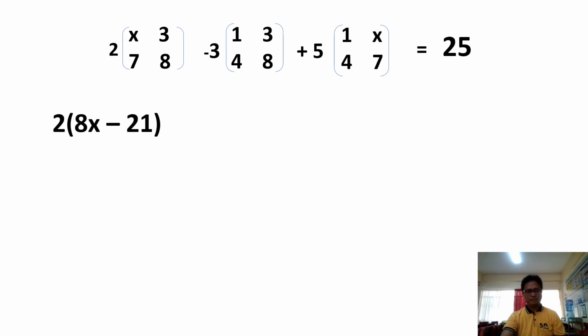Okay, so remember that to get the determinant of the 2 by 2 matrix, we have to cross multiply. So you have x times 8, so you have 8x. Then you have 3 times 7, you have 21, then subtract. So you have 8x minus 21. Next, that is 1 times 8, so you have 8.